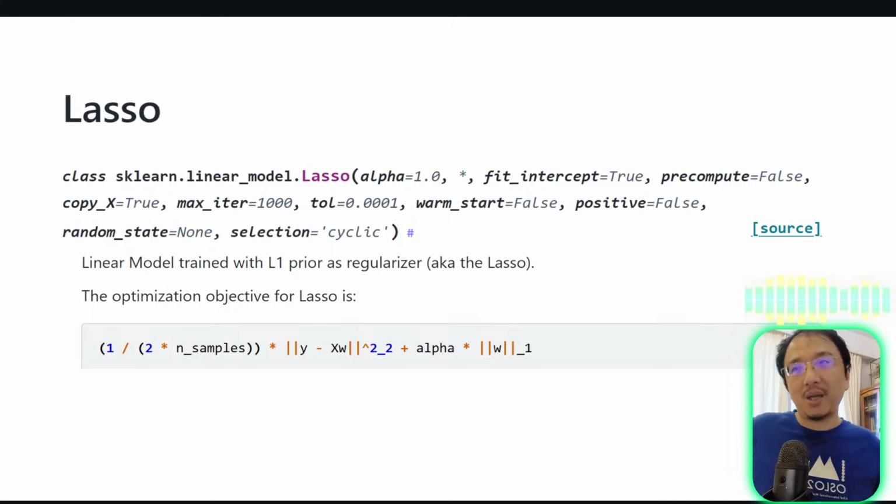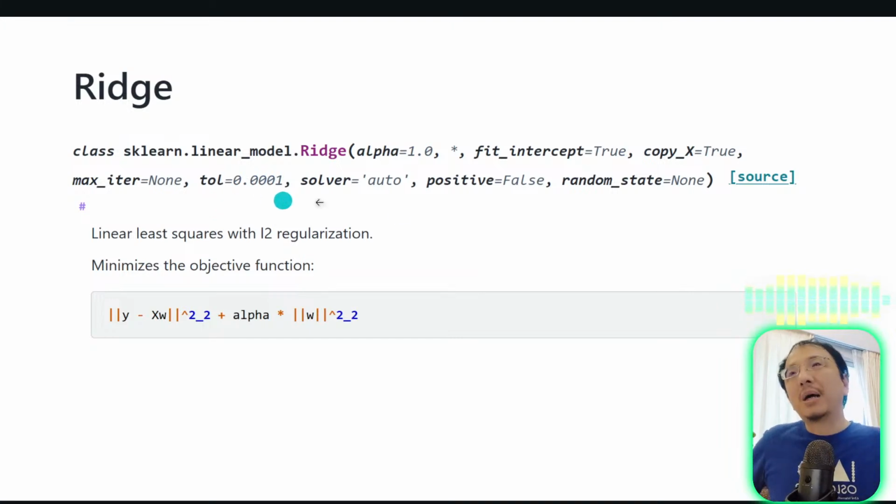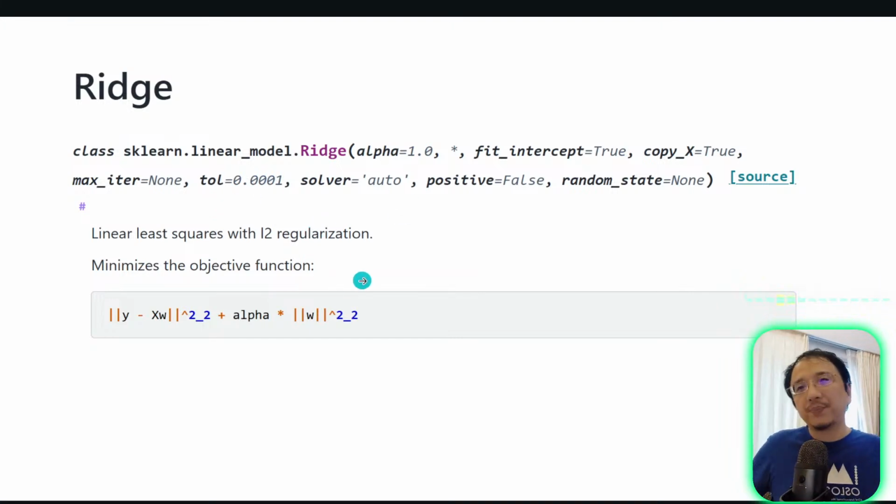So why not just use it? Also, lasso is simply linear regression with L1 regularizer, and ridge is the model with L2 regularization.